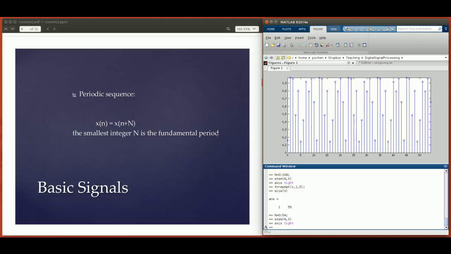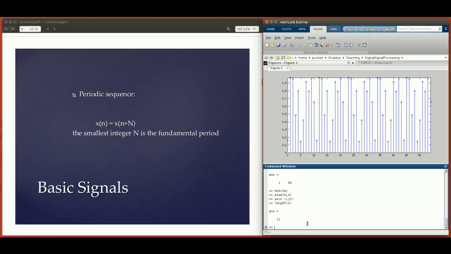The smallest big N is going to be called the fundamental period, and what's the smallest big N for this particular sequence? It's going to be the length of small x, actually, 11.